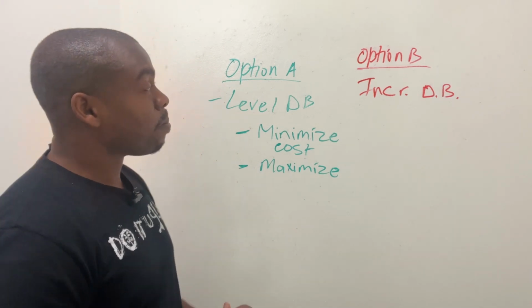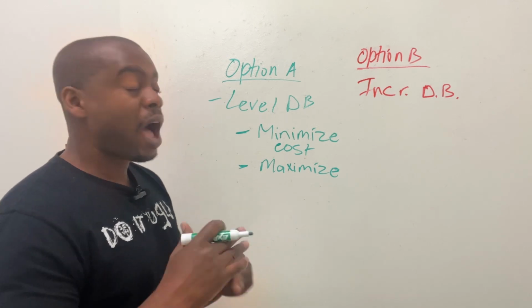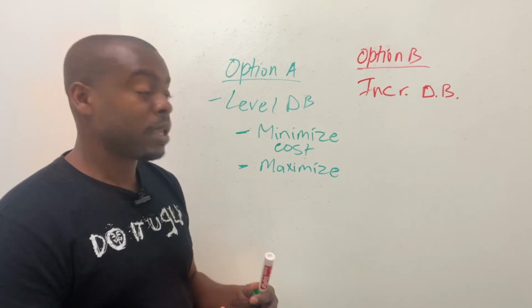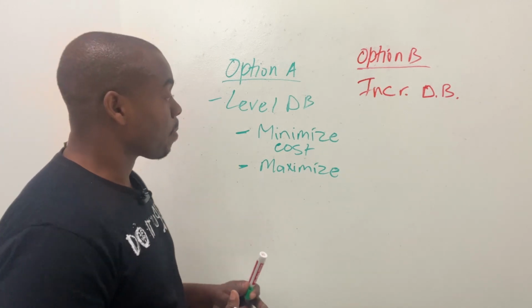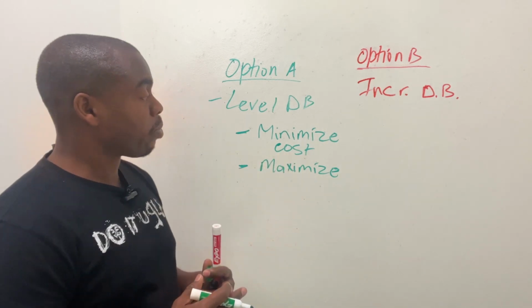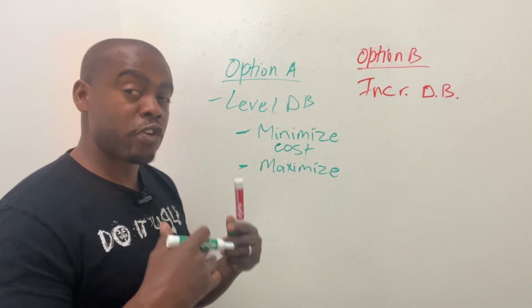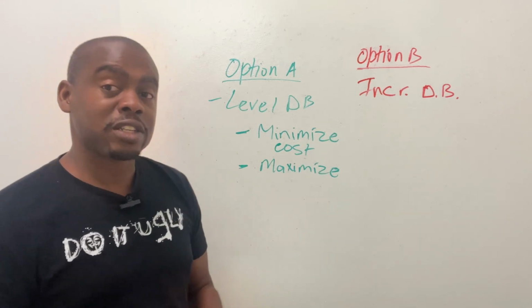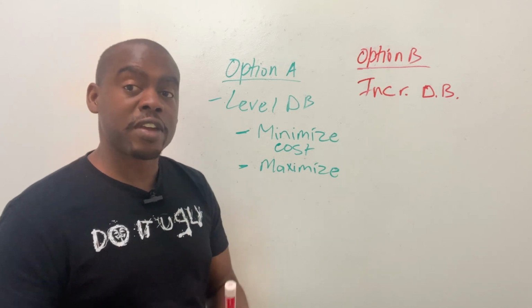Now you're going to be able to do this based on how your premium is being paid and how long you're going to be paying your premium. If you're paying your premium within 5 or 7 years for an IUL, the earliest you can pay your premiums is within 5 years.